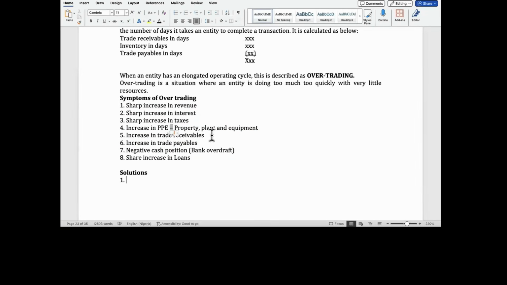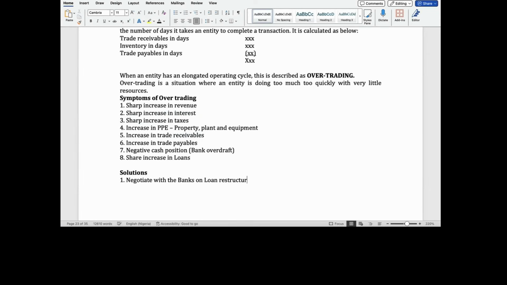And the very first is these interests here. Let me take it chronologically. This interest, you need to negotiate with the banks on loan restructuring.